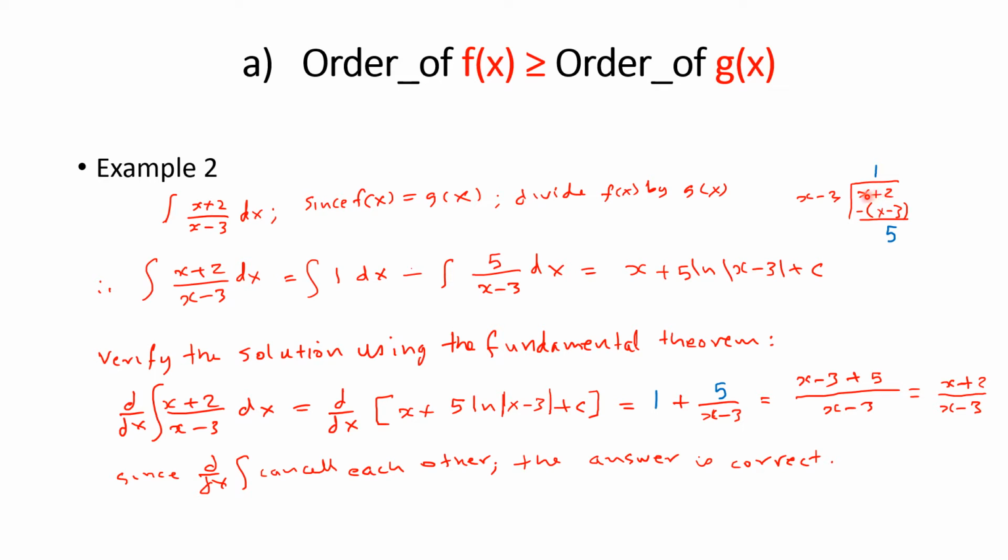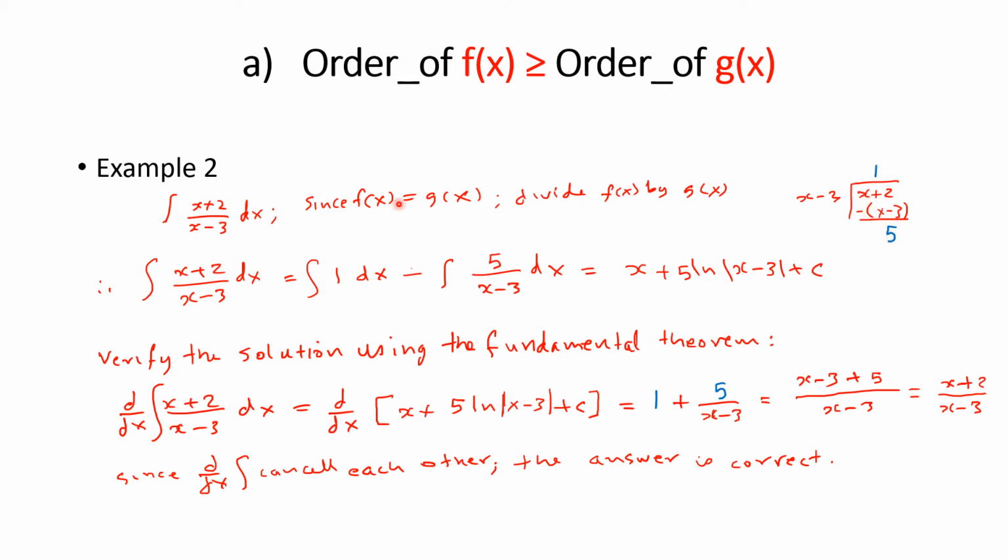So x plus 2 divided by x minus 3 gives 1. 1 times x minus 3 is equal to x minus 3, and then we subtract x minus 3. So the sign of x will be changed and 3 will be plus. So 3 plus 2 adds to 5, and the change in the sign of x is going to cancel it. So the remainder is 5.